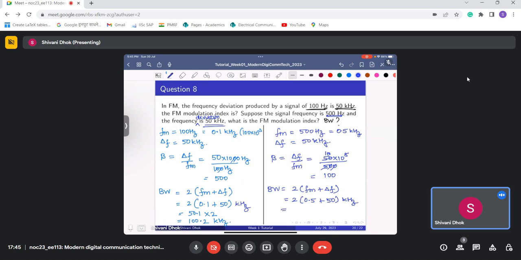So what we have here is 2 times 50.5 kilohertz, so that reduces to 101 kilohertz. Any questions?